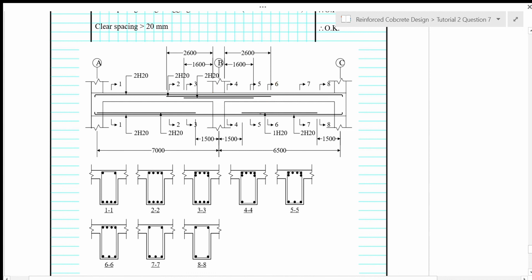After that we look at span BC. Near the middle of span BC we need 3H20. So we provide 2H20 plus another 1H20, and then somewhere near the support here we can reduce it to only 30%. Here we have 2H20, which is 66.7% of 3H20, so it's okay, it's more than 30%.